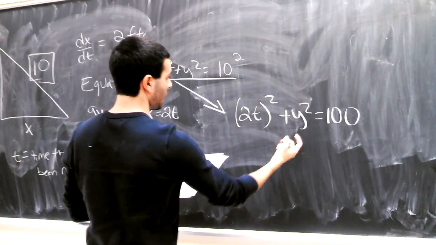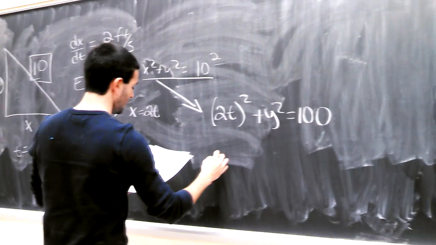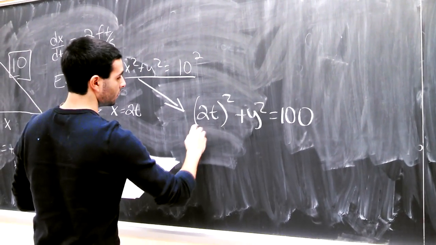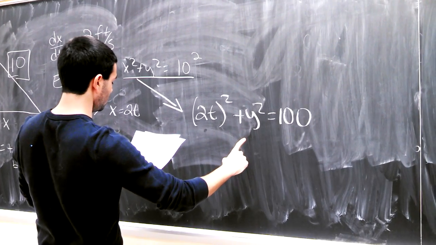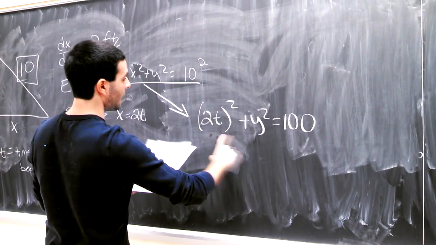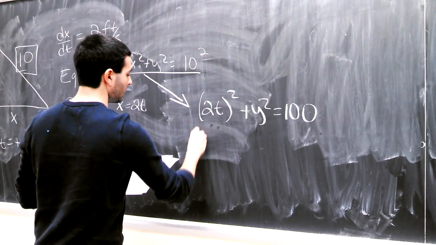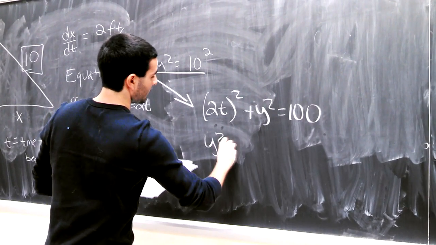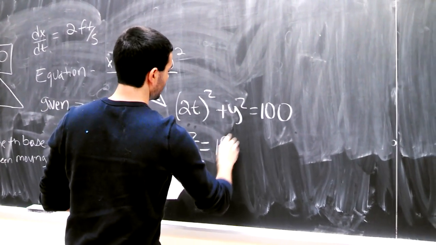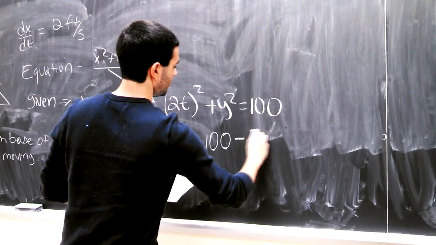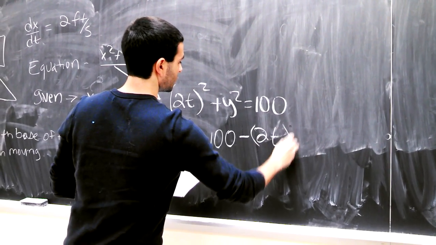Now, we have to get y squared alone, so we subtract this over to this side, so we have y squared is equal to 100 minus 4t squared.